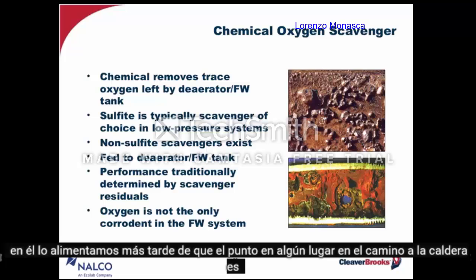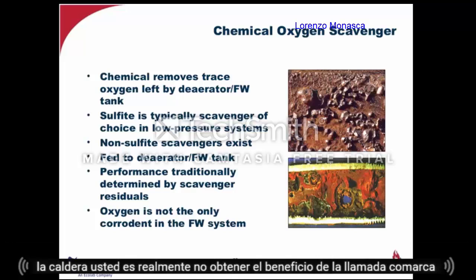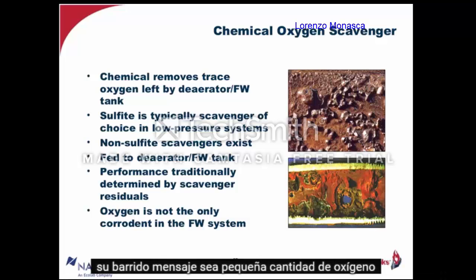If we feed it later than that point, somewhere on the way to the boiler or into the boiler, you're really not getting the benefit of the chemical. It's meant to scavenge the small amounts of oxygen remaining after whatever deoxygenation you did, either by feed water tank or by deaerator.